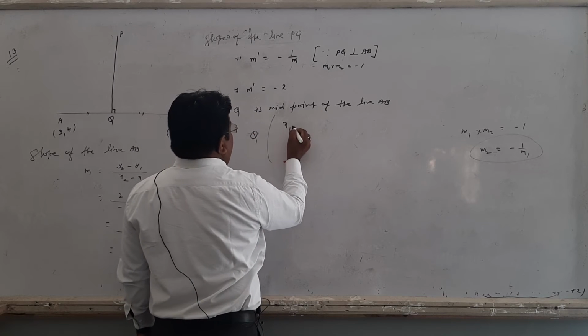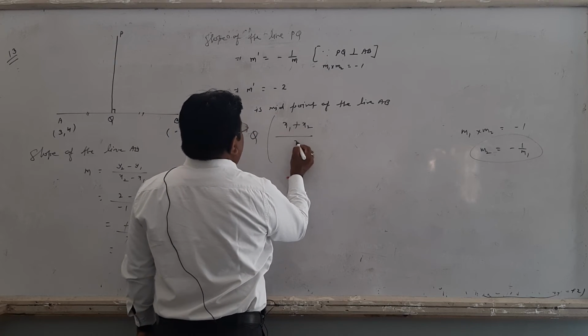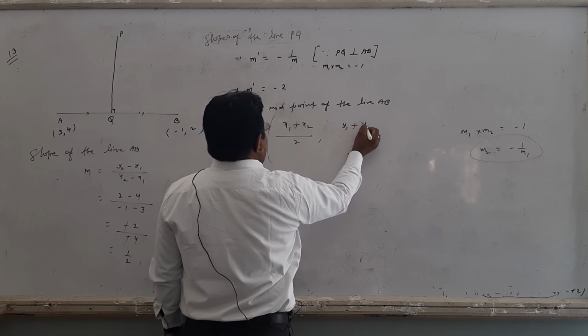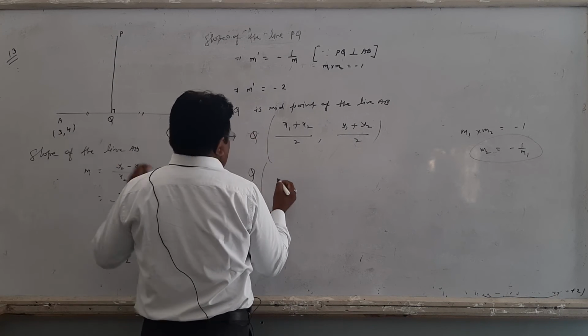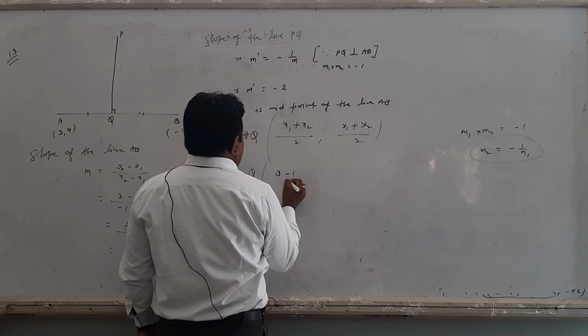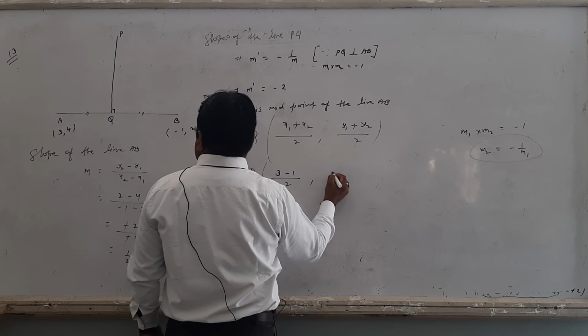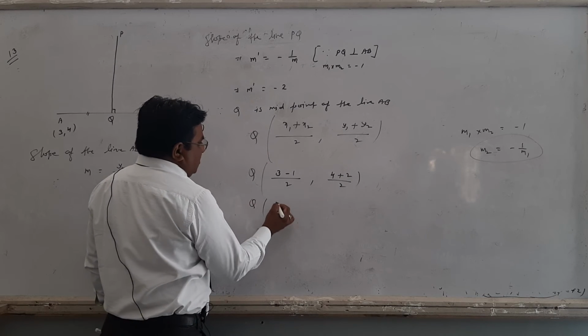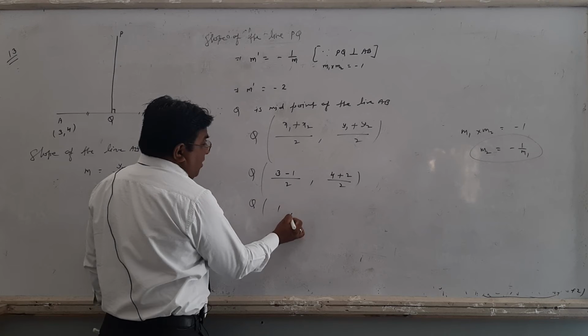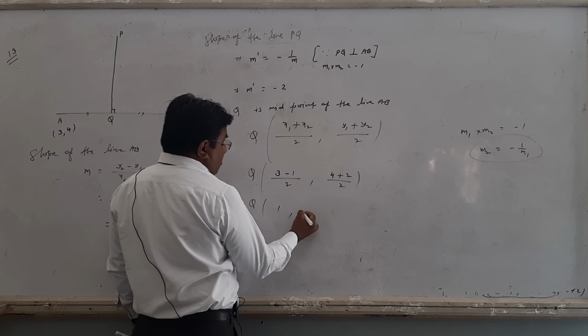That is (x1 plus x2 upon 2, y1 plus y2 upon 2), where x1 is 3 and x2 is -1, and y1 is 4, y2 is 2. So the coordinate is: 3 minus 1 is 2, 2 upon 2 is 1, 4 plus 2 is 6, 6 upon 2 is 3.